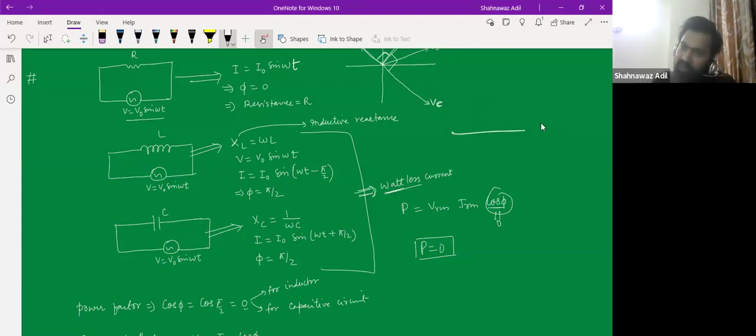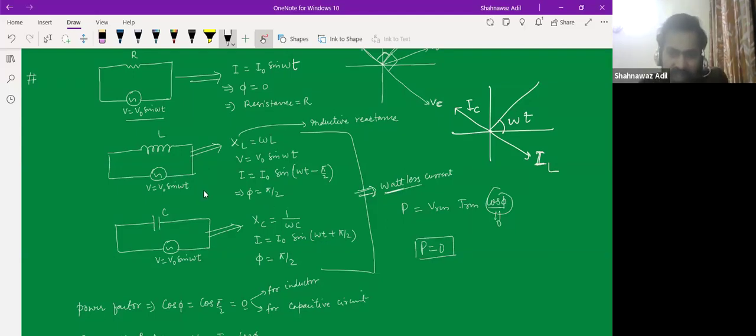So if you have this voltage supply, omega t, so this would be your current, right? This is the current for the case of inductive circuit. For the case of capacitive circuit, this would be the current, right? So these are the different circuits that you have.